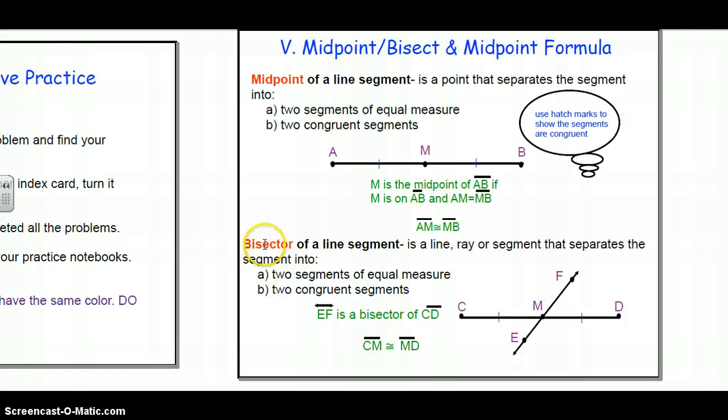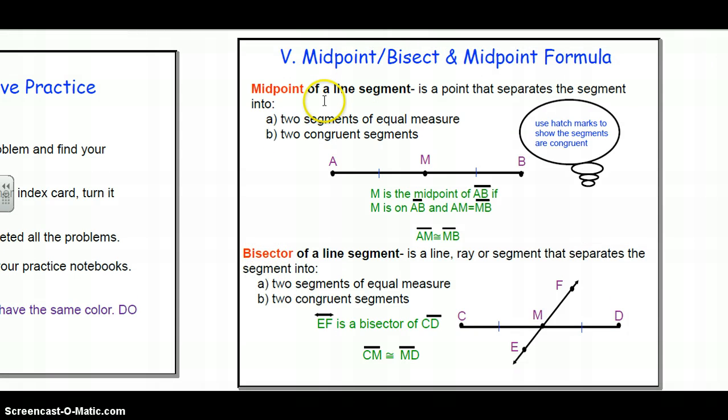The midpoint of a line is a point that separates the segment into two segments of equal measure, or two congruent segments. You want to use hatch marks to show the segments are congruent, and the hatch marks I'm talking about are these little lines right here.